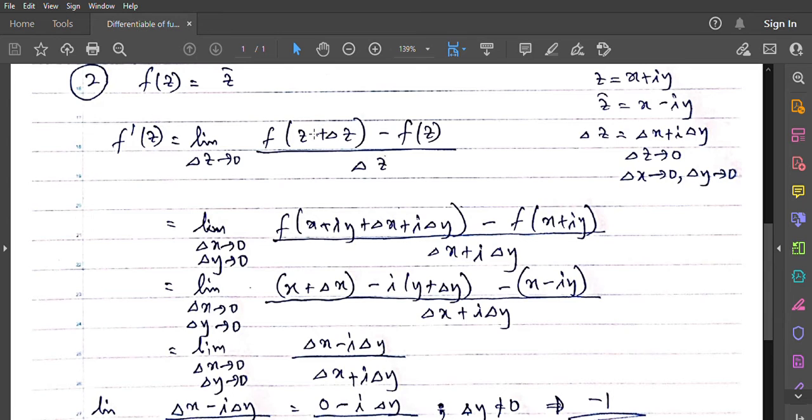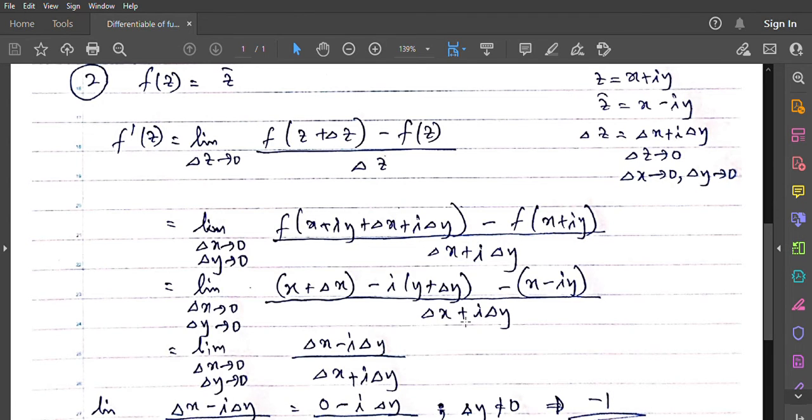So for f z plus delta z, here we substitute x plus delta x for x and delta x plus i delta y for delta z, and we can obtain this equation. So then the limit as delta x tends to 0, delta y tends to 0.